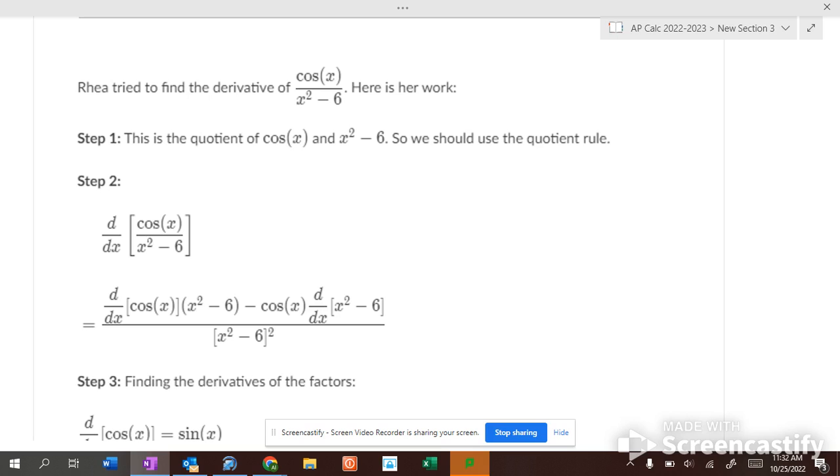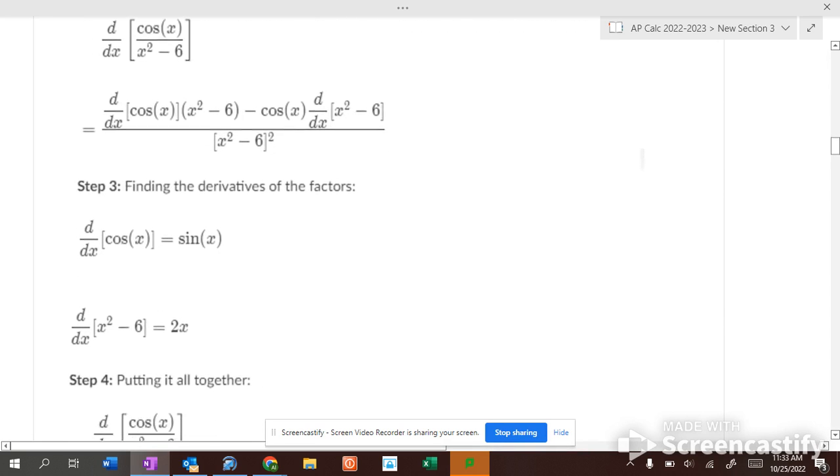She's just saying, I'm going to differentiate cosine of x over x squared minus 6, which is the bottom, x squared minus 6, times the first derivative of the top, minus the top times the first derivative of the bottom, over the bottom squared. Isn't this correct? Yep, it is.